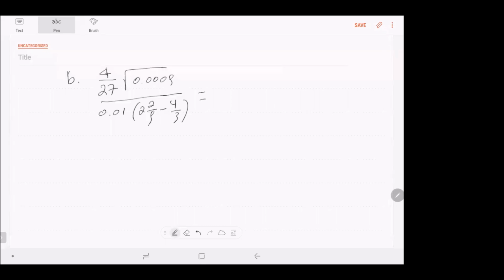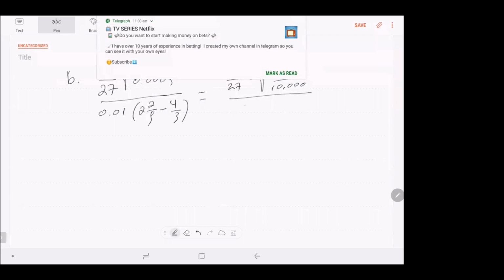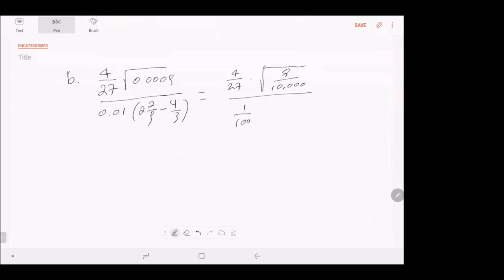We can do it as it is, but to simplify more let us convert it into a fraction, which is equal to 4 over 27 times the square root of the fraction form of 0.0009, which means 9 over 10,000, over the fraction form of 0.01, which means 1 over 100.